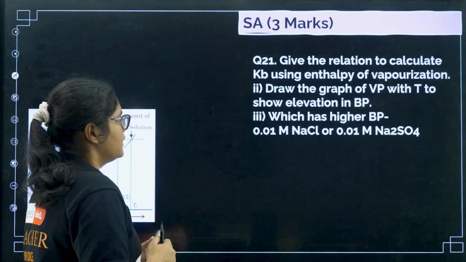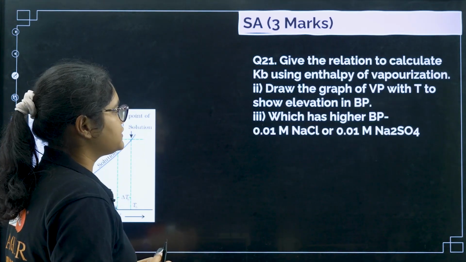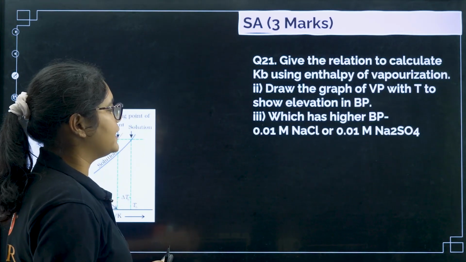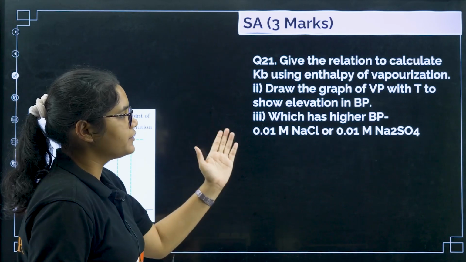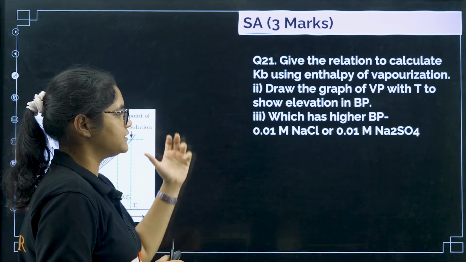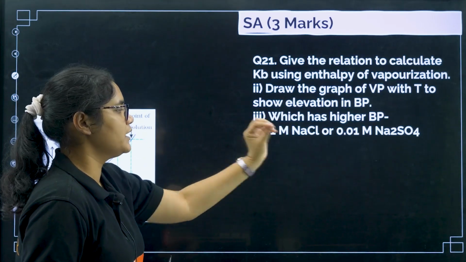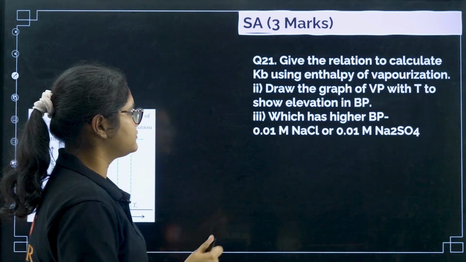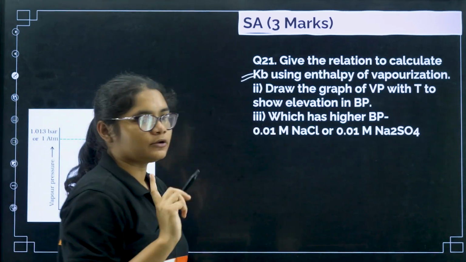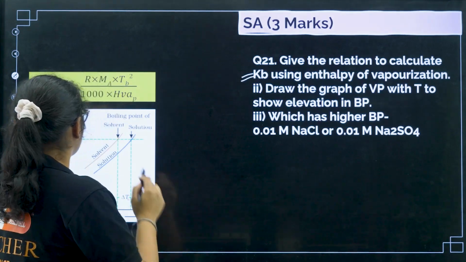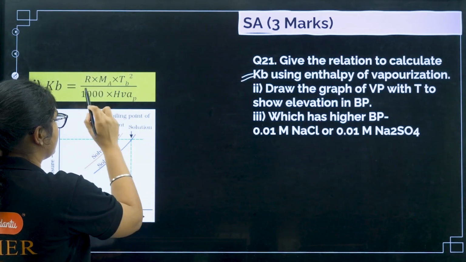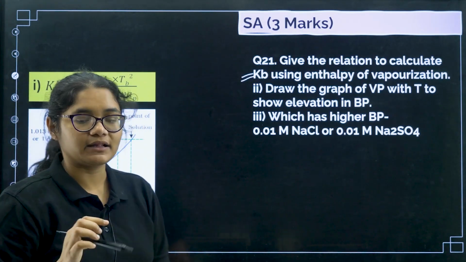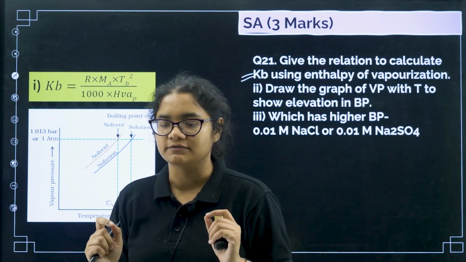Okay, next, give the relation to calculate Kb using the enthalpy of vaporization. Draw the graph of vapor pressure with temperature to show the elevation in boiling point. Which one has a higher boiling point? First, this formula is rarely asked in the exam, but you should remember it. Kb is equal to R Ma Tb square divided by 1000 into delta H vaporization.